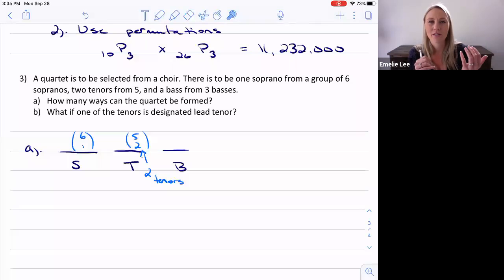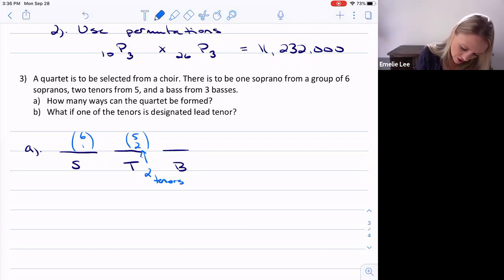Then order matters, right? Then the first tenor is going to be the lead tenor, and then the second one that I chose is going to be whatever second tenor, I don't know, right? And so now order matters in part B. But for right now in part A, we're just saying from these 5, you're going to choose 2. Order doesn't matter, and so it's a combination.